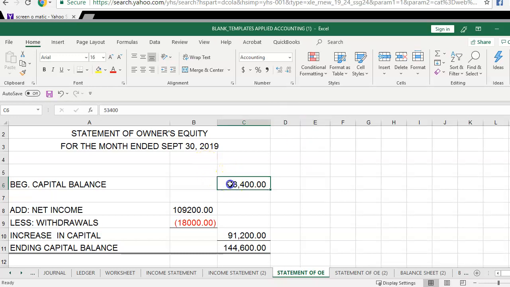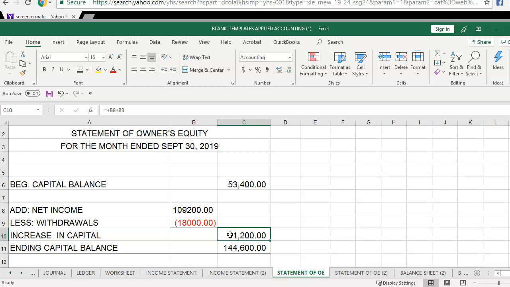It shows their beginning capital. It shows the net income or net loss that took place during the accounting period. It also shows any withdrawals made by the owner for personal expenses. Based upon the amount of net income and withdrawal, that would tell us whether we have an increase or a decrease in the owner's capital balance.